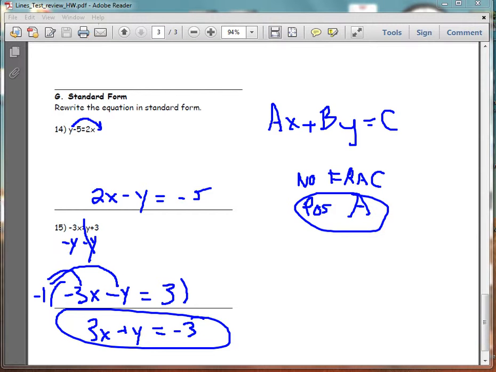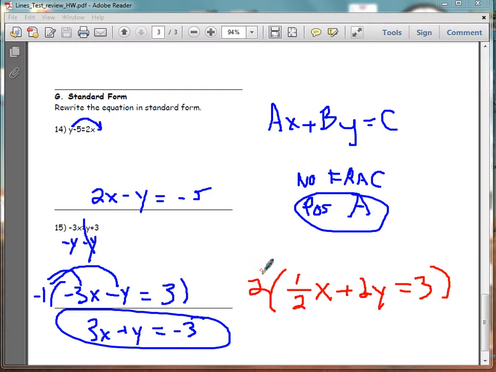Okay, now we didn't encounter a problem with a fraction, but say you had something like 1/2 x plus 2y is equal to 3. Okay, this is the correct order for standard form, but we have a fraction here. So what you want to do is you have a denominator, multiply everything by that denominator.